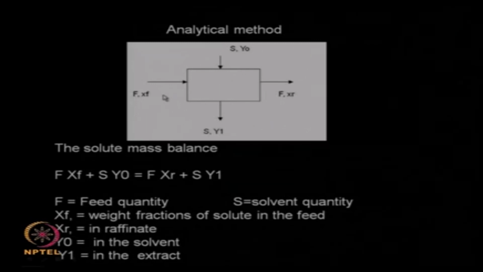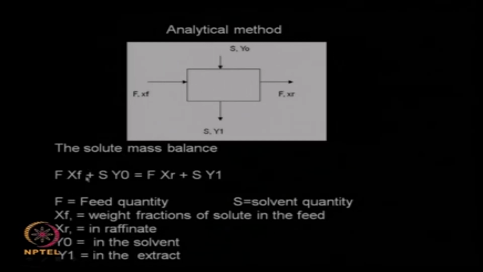Okay. Now we have two streams that are entering and two streams that are leaving. So, we can make a mass balance for this, quite straightforward. We have been doing mass balances for the past several classes. We can do a mass balance for the solute: F into Xf, where F is the flow rate and Xf is the concentration, that is the amount of solute entering in the feed stream, plus S into Y0, that is the amount of solute entering from the solvent stream.